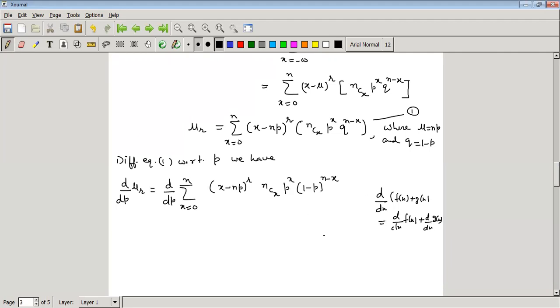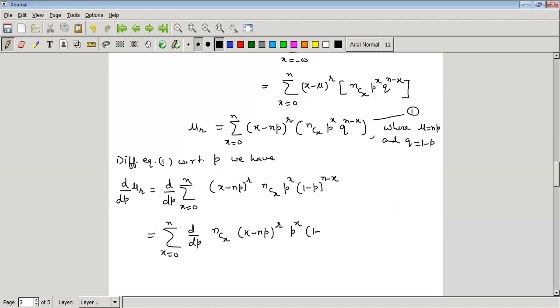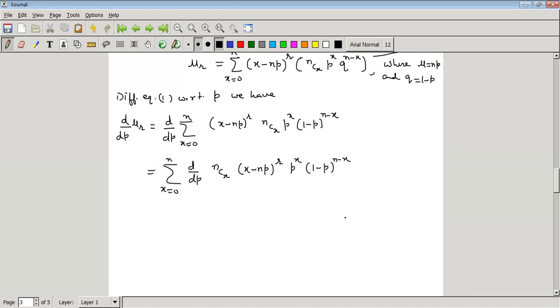So we can write this as the summation x is equal to 0 to n of d by dp of nCx (x minus np) to the power r p to the power x (1 minus p) to the power n minus x. So we can differentiate this by taking first function, second function, and third function. So it is the product of three functions.